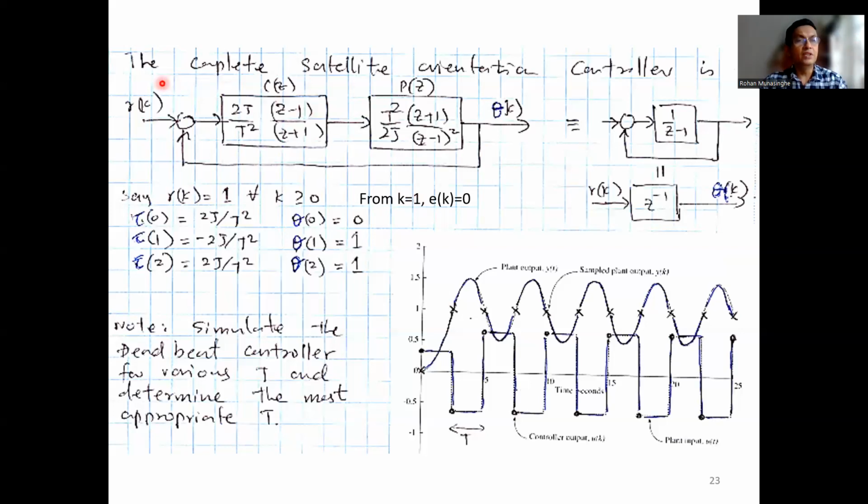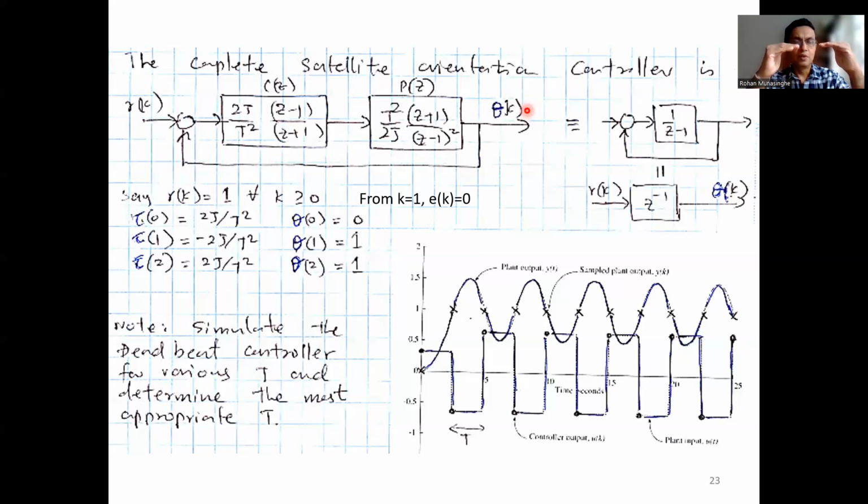So the reference here is 1, but the response is 0 initially at time 0. Then it's like this. Rk is 1, theta is 0. Okay. But what happens next moment? Next moment, the response will move up to 1. That is deadbeat.